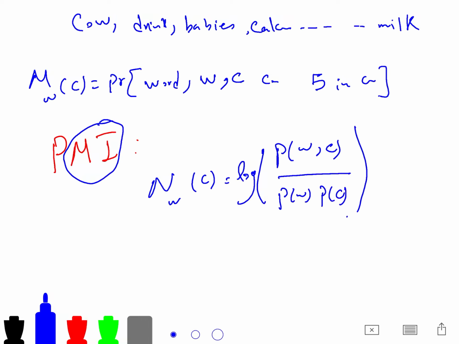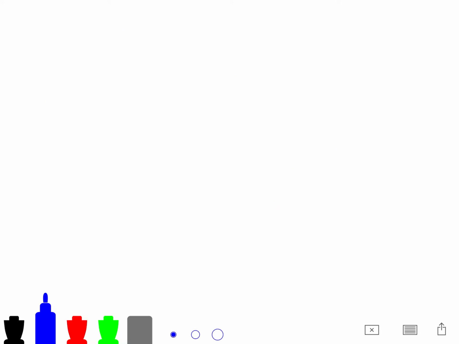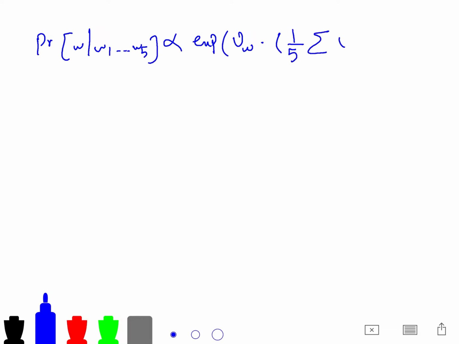It's like the correlation of a word with a context. And Mikolov et al. have explained that it has a simple functional form to predict a word, for example from 5 surrounding words. The probability of w given w1 to w5 is proportional to v_w dot 1/5 of the aggregation, I mean a simple summation.